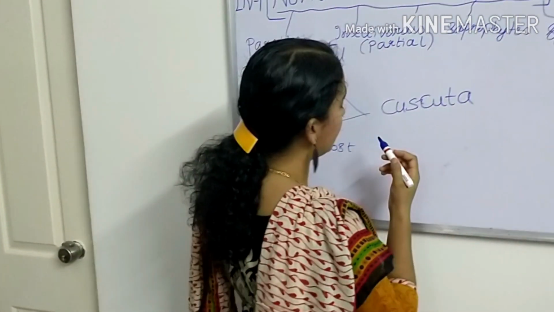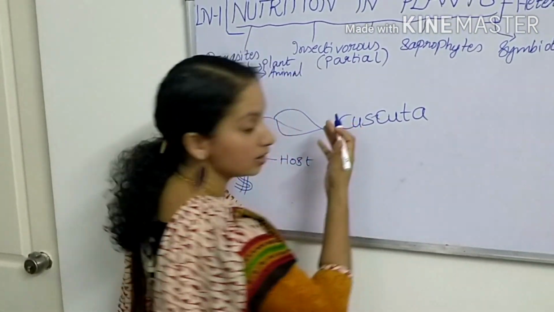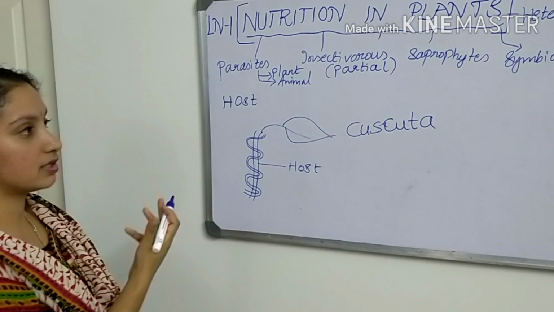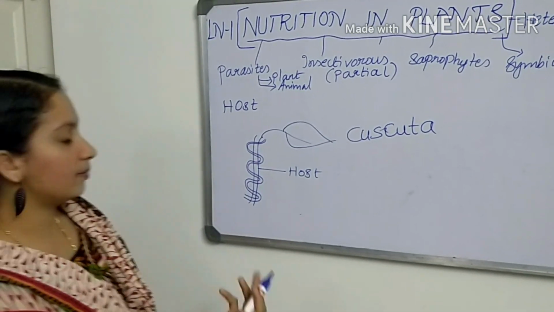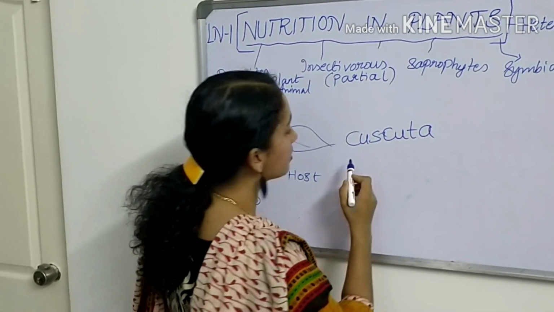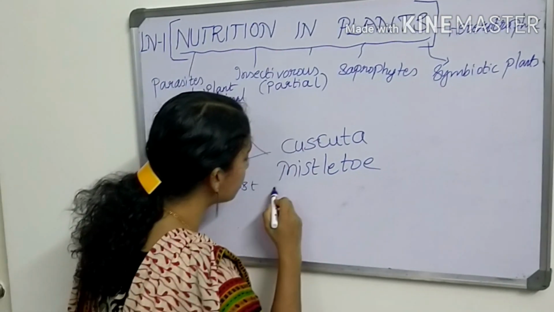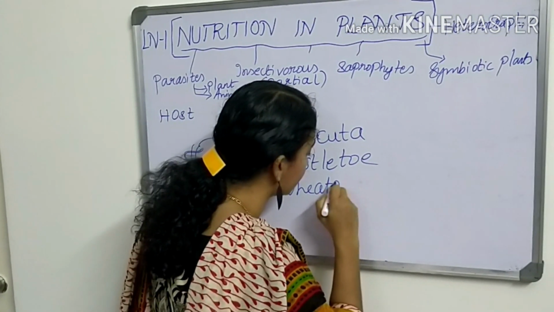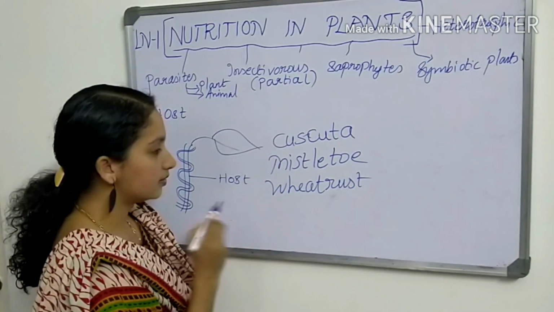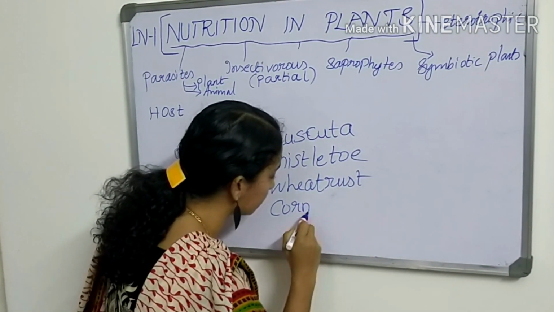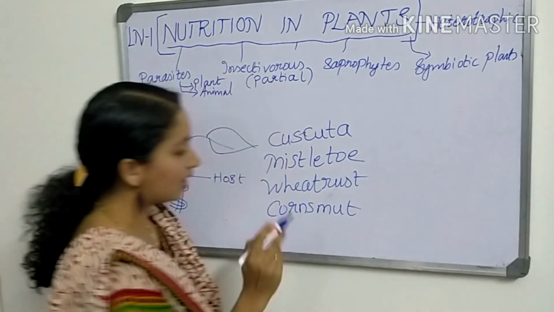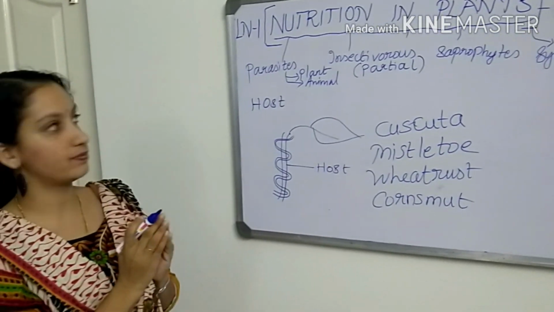We have four types of parasitic plants as examples. So Cuscuta plant is there, then mistletoe is there. The next one is wheat rust, rust. Then corn smut is there. So all these are examples for parasites.